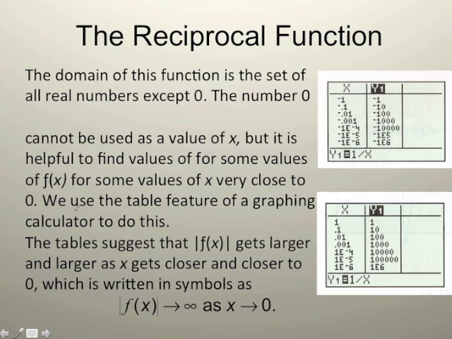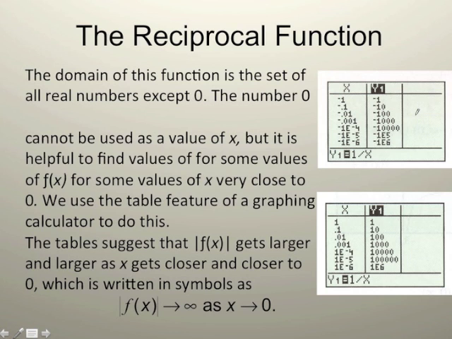We use the table feature on a graphing calculator here. So we have -1, -1/10, -1/100, -1/1,000, -1/10,000. And look what's happening to the y values. They're getting larger and larger. And if x is on the positive side, they're also getting larger. Here they were getting smaller and smaller.